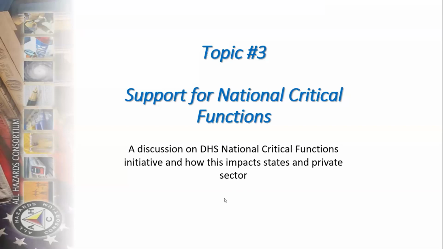Yeah, and Tom, when it comes to the national critical functions, those are high level functions, and where we see the integration parts is working with the All Hazards Consortium. You guys are great, and we're fantastic at that operational problem solving. What is that use case that we're trying to tackle that rolls onto that sub function or that essential support activity that we're doing to support that overall national critical function?